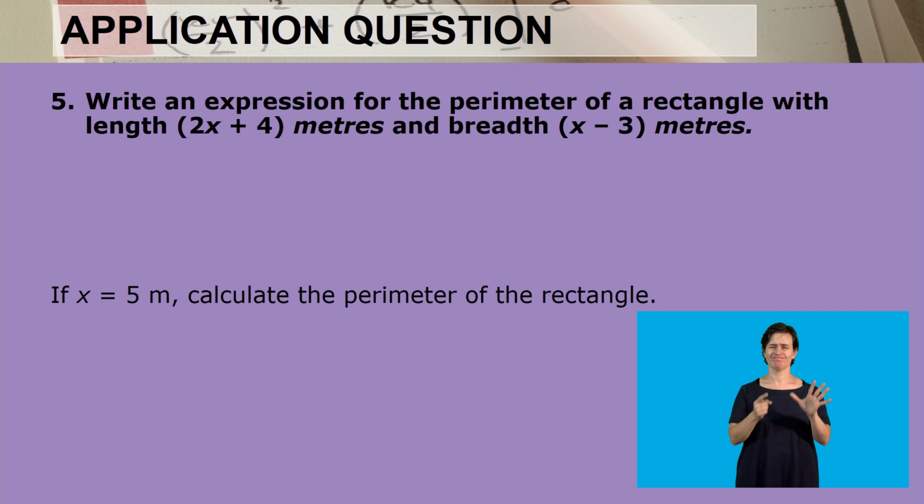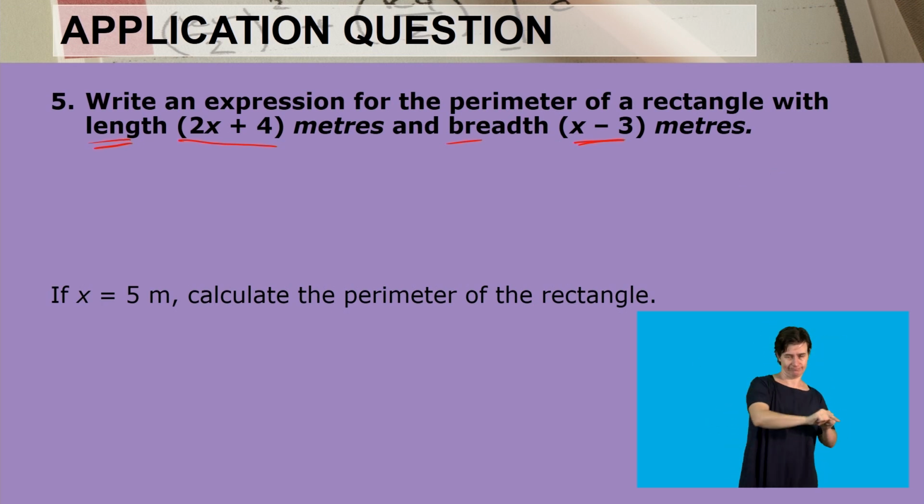It says, write an expression for the perimeter of a rectangle with the length 2x plus 4 meters, that's length, and breadth is x minus 3, that is the size of the breadth. So perimeter, remember, is the distance around a rectangle.